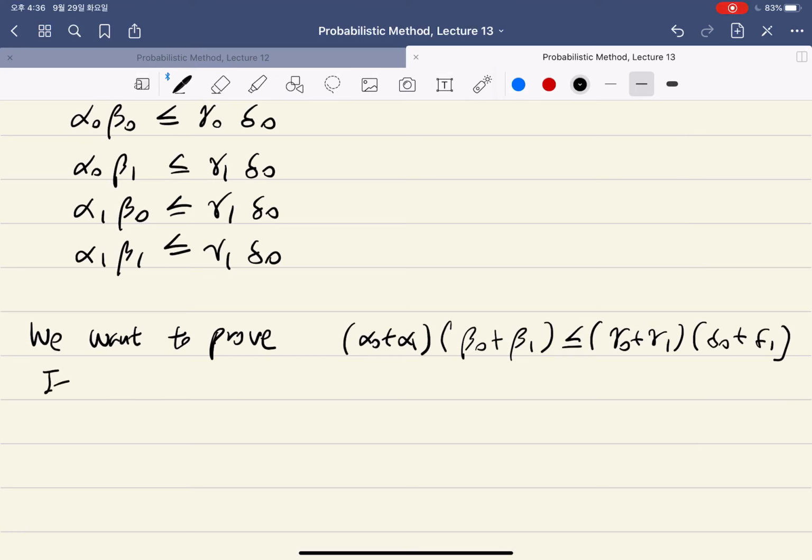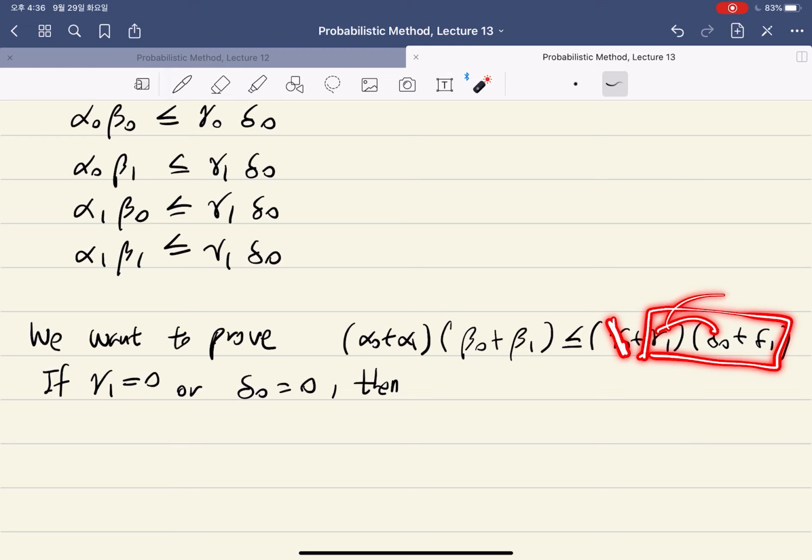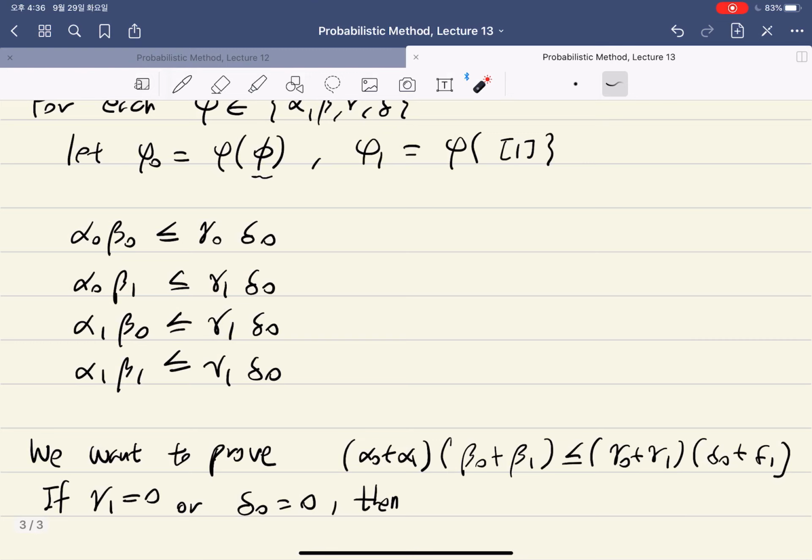So here, if gamma 1 is 0 or delta 0 is 0, then what happens? If this is 0, then we have this term and this term, gamma 1 delta 0 and gamma 1 delta 1. So we have these two.